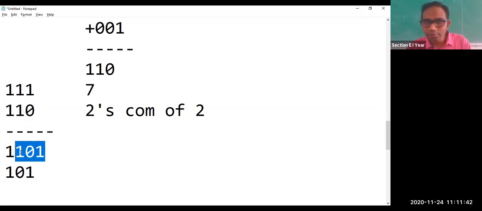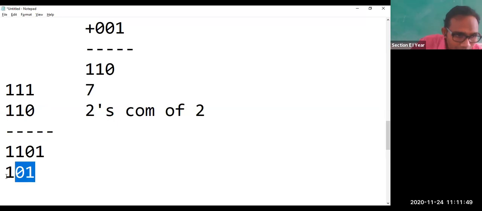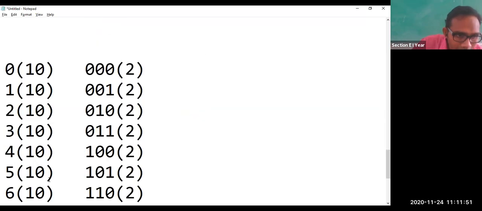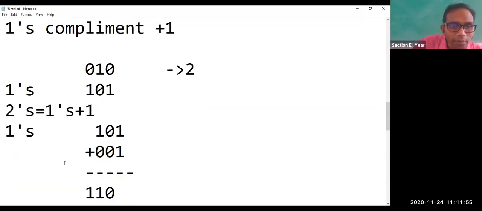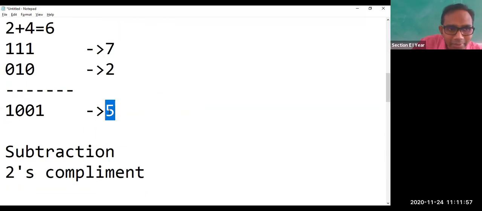Take the 3 bits from right to left. So the result is 101. What is the decimal equivalent of 101? 5. So if you perform 7 minus 2, you get decimal 5. Yes. So the answer is 101.